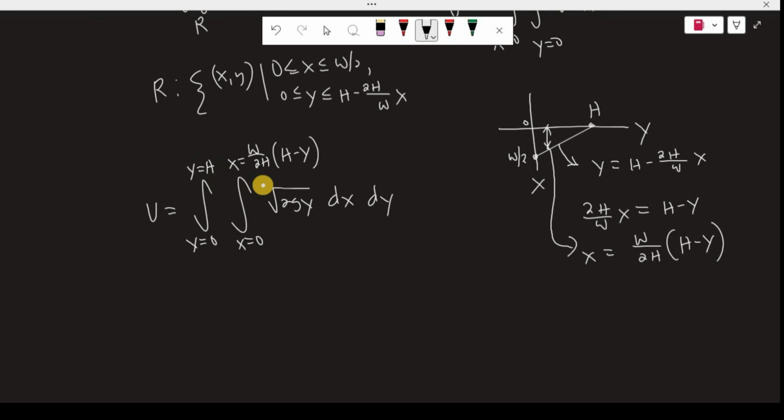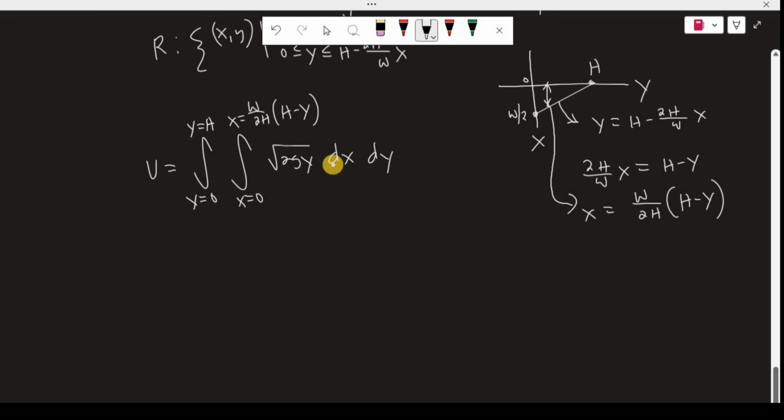So these are the limits of integration if we integrate the double integral with respect to x first. Okay, so let's evaluate this integral.